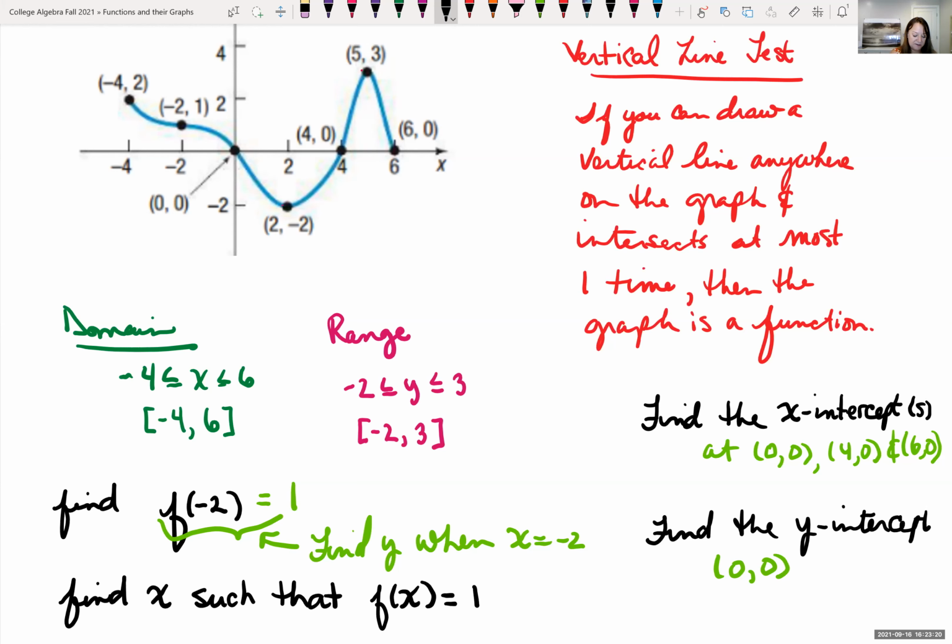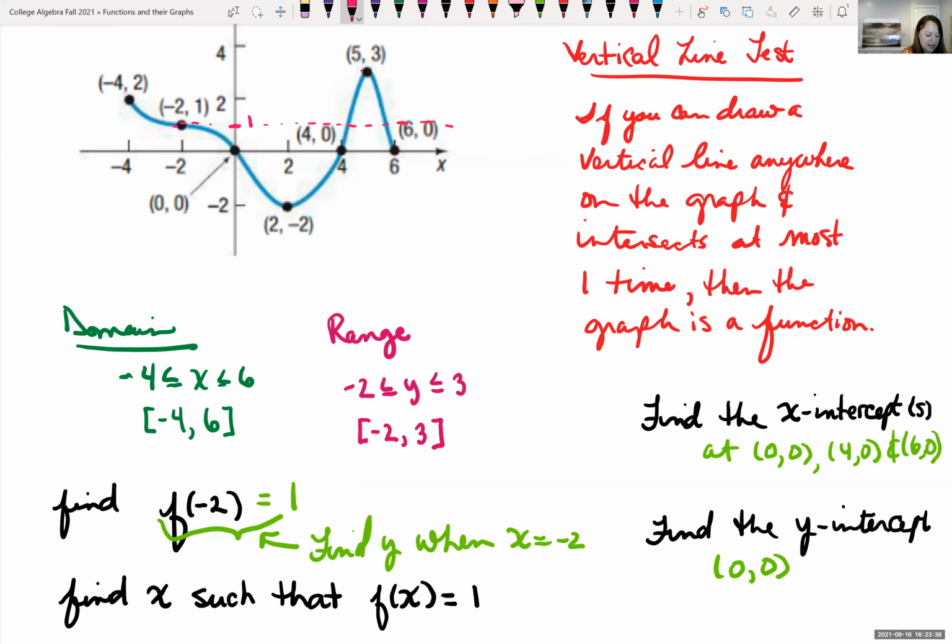So this is asking us to find all the x values that give us a y value of 1. So let's find y equals 1 on the graph. Let's draw a horizontal line through here.